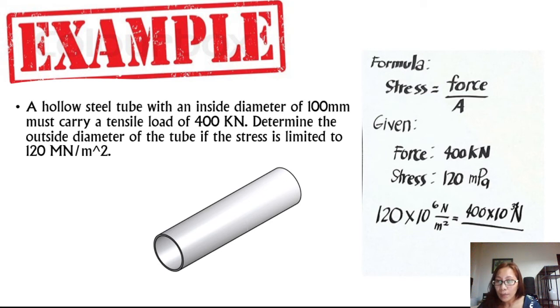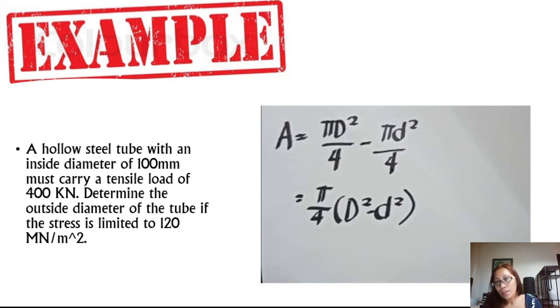But we have an unknown value for the outside diameter. So the area is pi D squared over 4, where big D represents our outside diameter, minus pi d squared over 4, that's our inside diameter. So below we put pi over 4 times D squared minus d squared, which is the outside diameter minus the inside diameter.